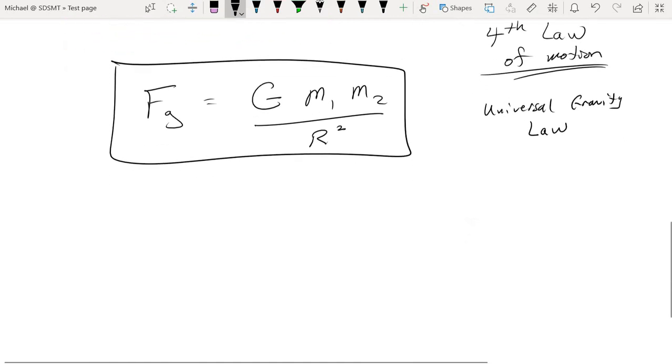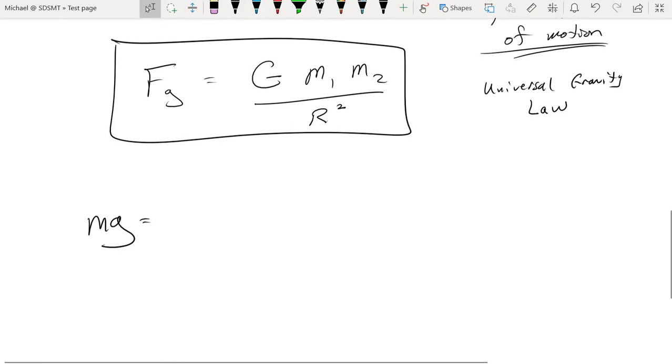But now we want to use this to measure our weight at the surface of the Earth. And that's something we already know how to do. We said as long as we're at the surface of the Earth, we can use mg. Okay, so I'll volunteer myself as a part of this little thought experiment.